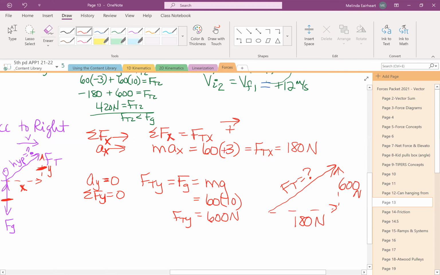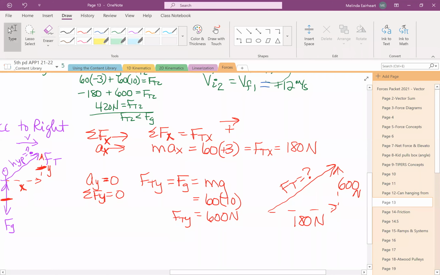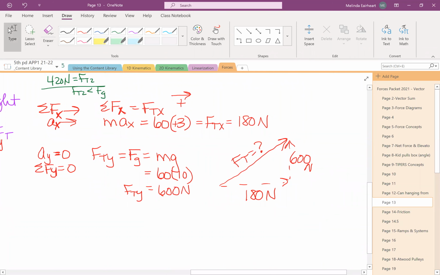The vertical is 600. How do we find the tension in the actual rope? Pythagorean theorem. So grab your calculator. 180 squared plus 600 squared is going to equal the tension, the hypotenuse that I'm looking for. So I'm going to call this FT3.